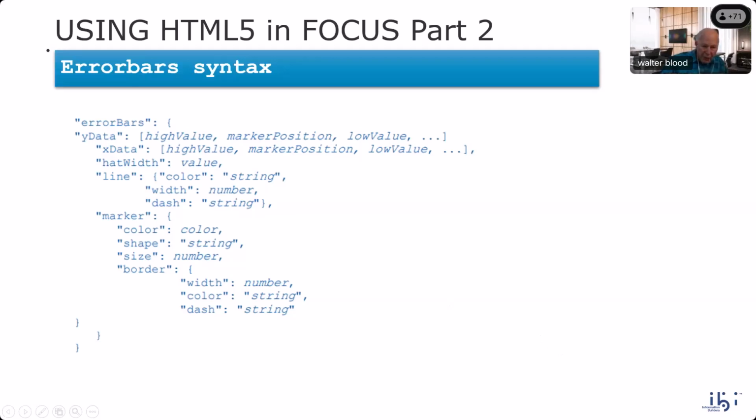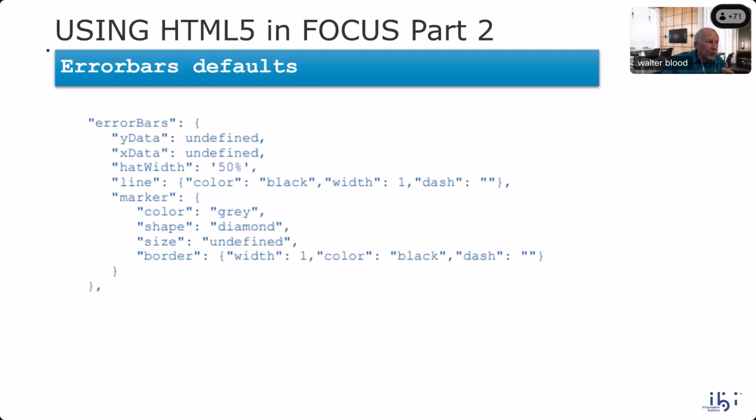So let's take a look at these defaults. This is what's going to be delivered to you if you do nothing. You'll see that X data and Y data are not defined, which means I'm not going to see any bars at all. If I started to define things, the hat for the top and the bottom would be 50% of my bar width.